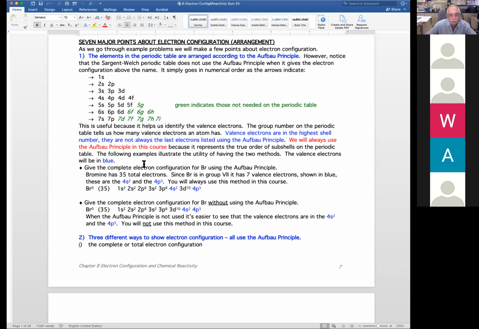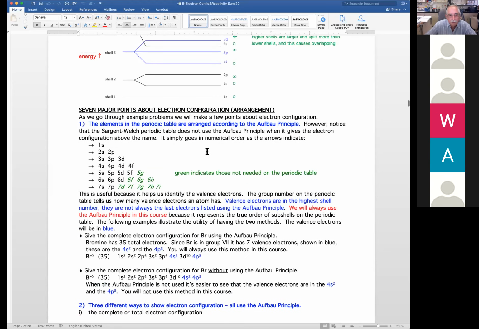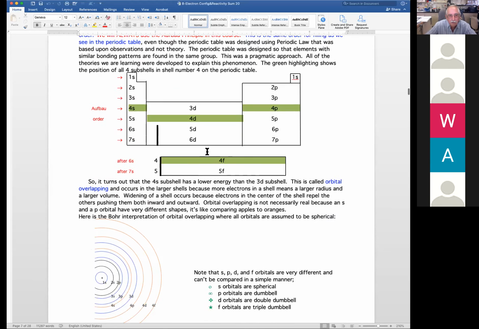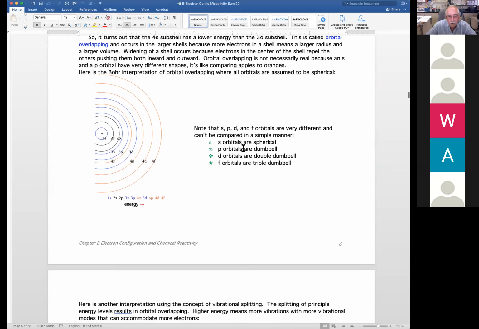So here's an example using bromine. Bromine has 35 electrons, right? How are they arranged in the atom? Where did I get this order right here? This order is simply using the Aufbau principle, which is the same thing you see on the periodic table. So why would they write it differently?